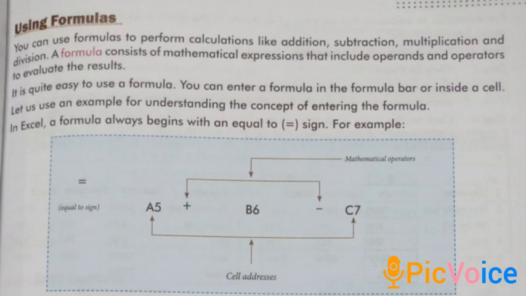You can enter a formula in the formula bar or inside a cell. Let us use an example for understanding the concept of entering the formula. In Excel, a formula always begins with an equal to sign. For example, equal to sign A5 plus B6 minus C7.